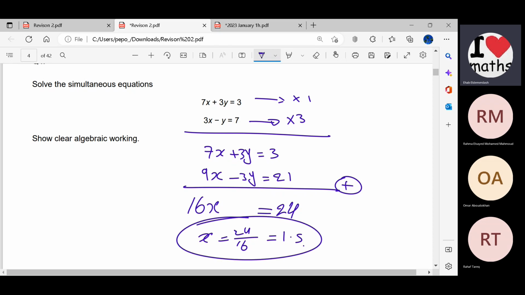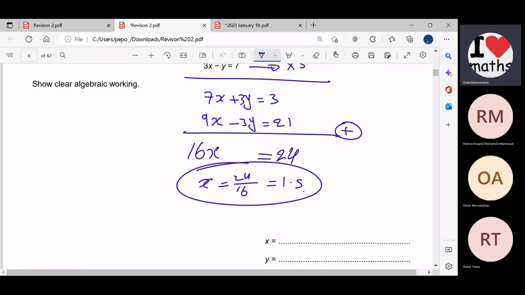They left the rest of the question, saying that's enough. But once we get the value of x equal to 1.5 we cannot leave it, we have to return to find y. I replace it in any equation.